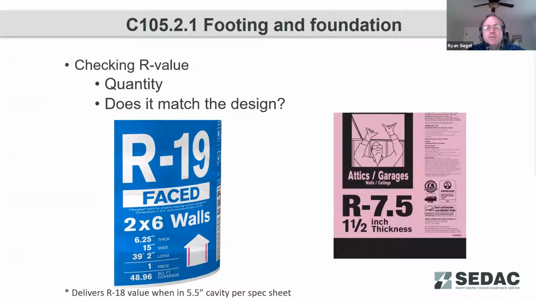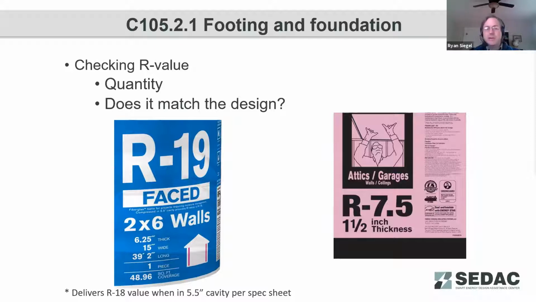Next, checking to see, do we have the appropriate R values? Do we have the required quantity, and does it match the design? More insulation is generally perfectly fine. You just need to make sure that it's not less. Something to be aware of is that how a lot of insulations are installed dramatically impacts their performance.